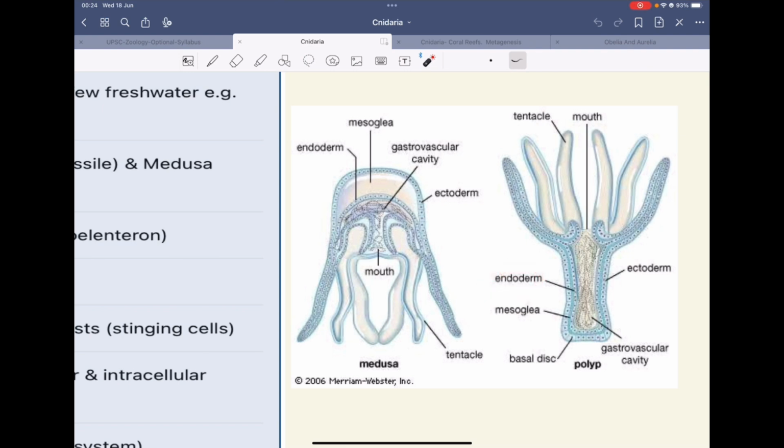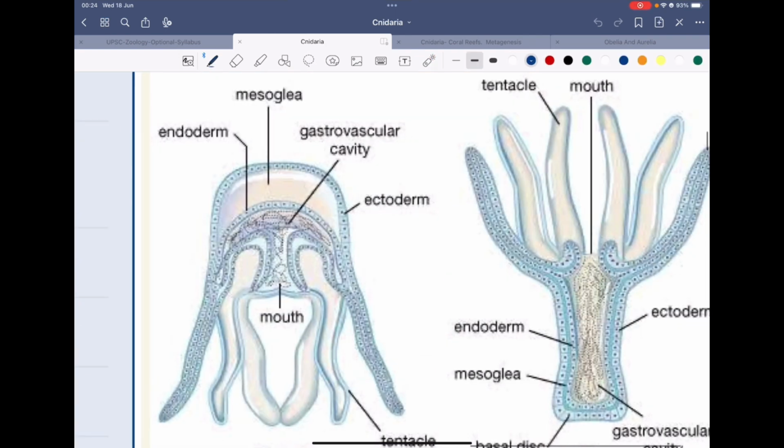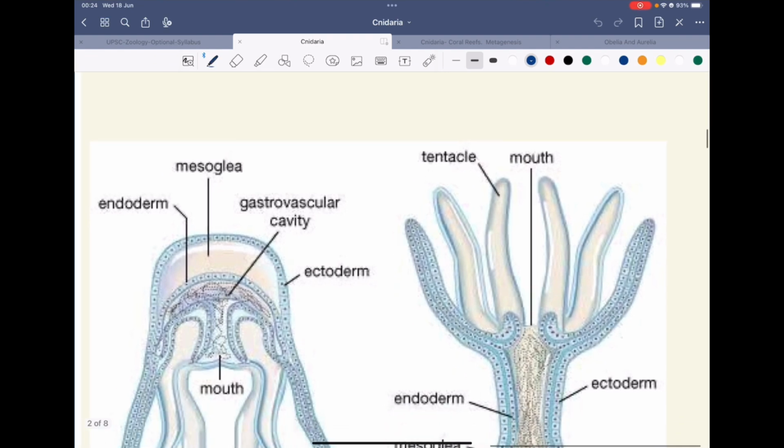In between ectoderm and endoderm, there is the presence of mesoglea. There is a basal disc that is attached to the substratum, and inside you will find a gastrovascular cavity. At the same time, you will observe there are tentacles around the mouth. And one more thing that you will observe is that the tentacles consist of the cnidoblasts. They are the defensive structures.